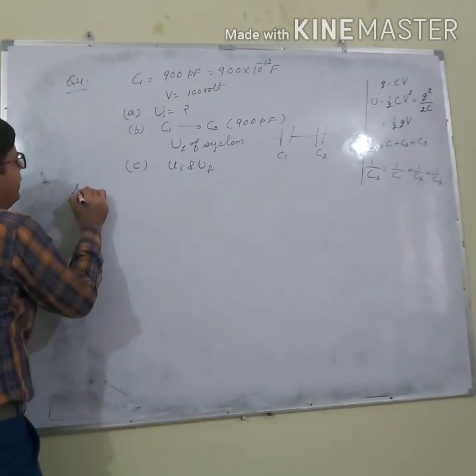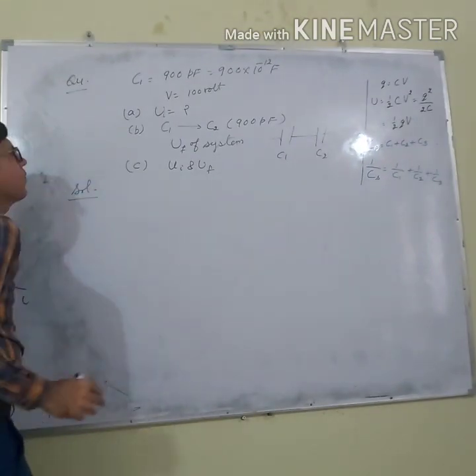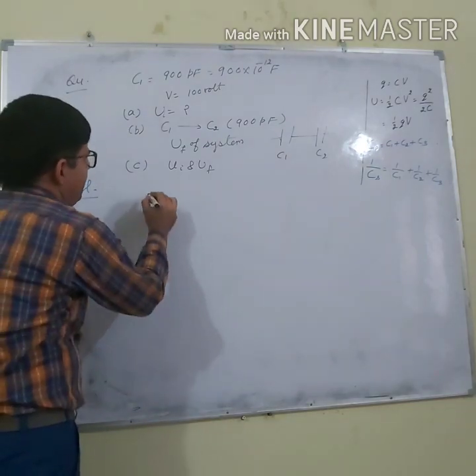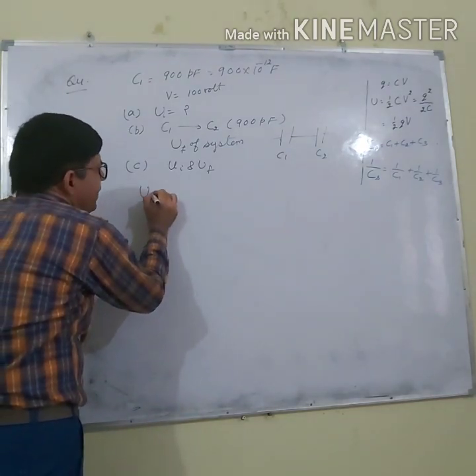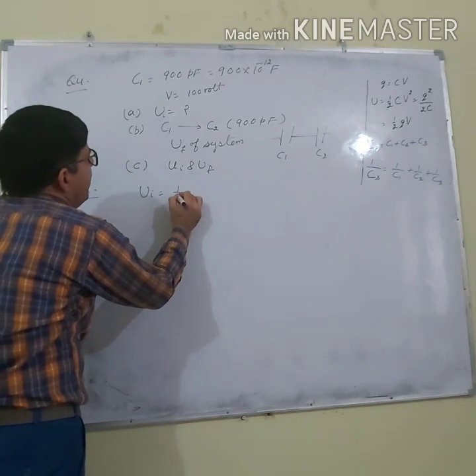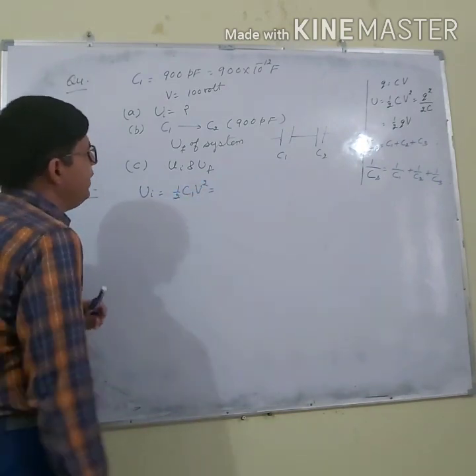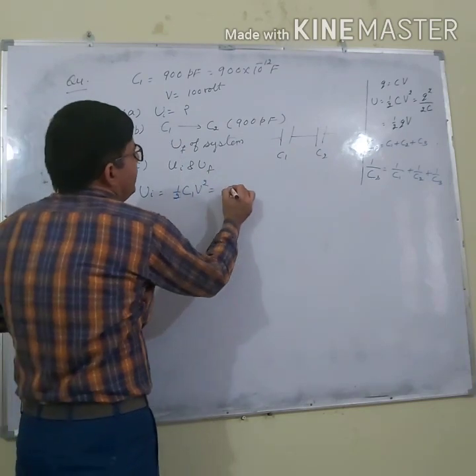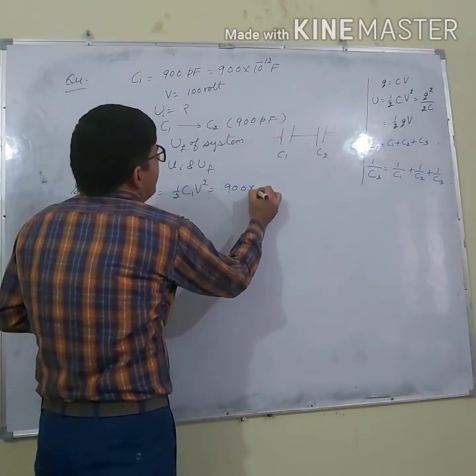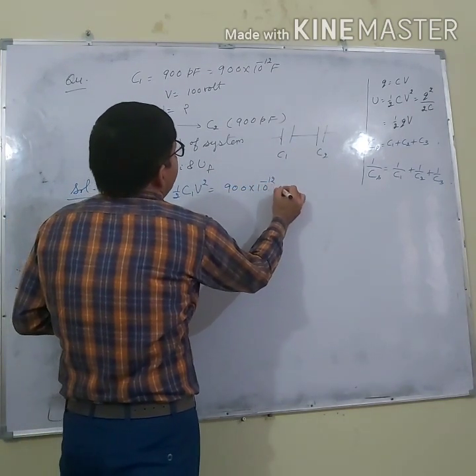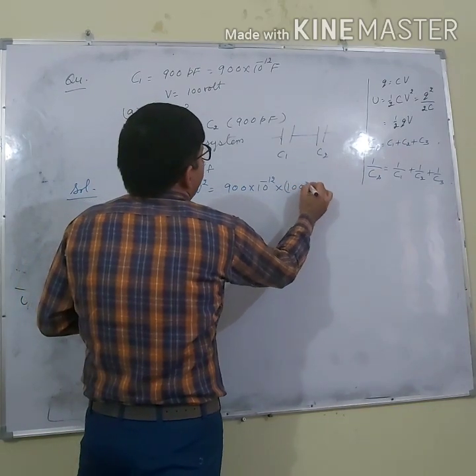Now its solution is, first of all, potential energy, it is half C1 V square. C1 is 900 × 10 to the power minus 12, and V is 100 square.